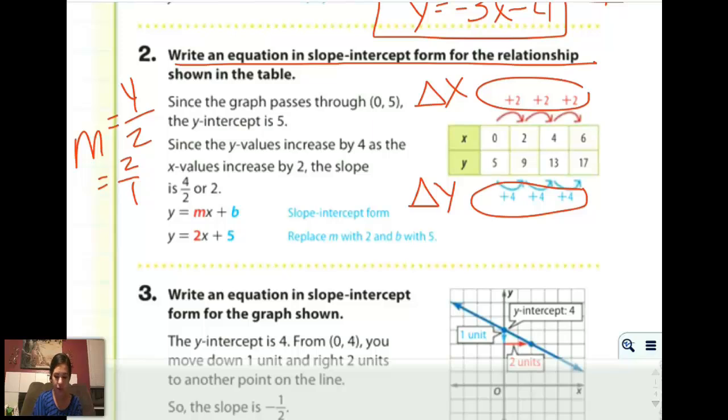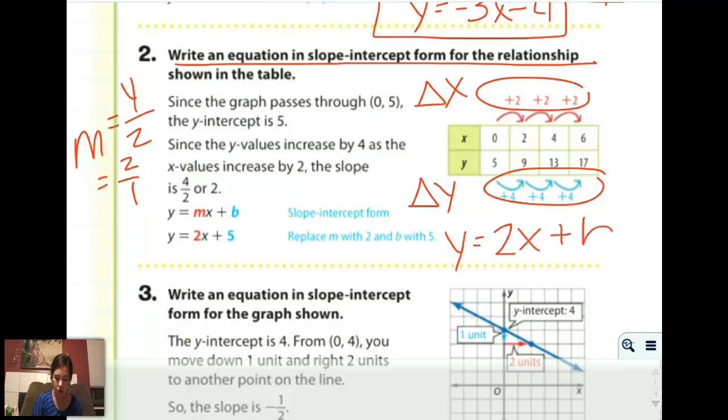So now, what am I going to do? I have right now my m, which is 2 over 1, which we can simplify to be just 2. So we're going to go ahead and just write it as 2x. What I don't know is my y-intercept. So we've already said that the y-intercept is where it crosses the y-axis.